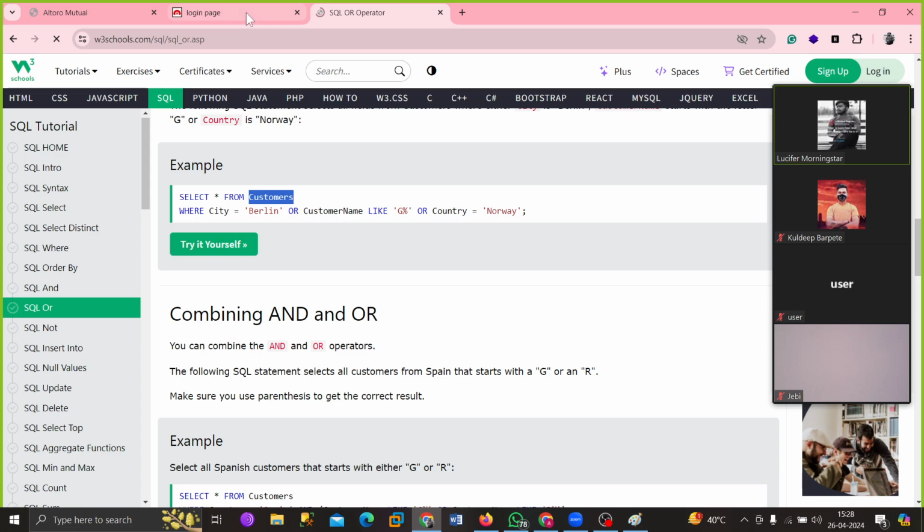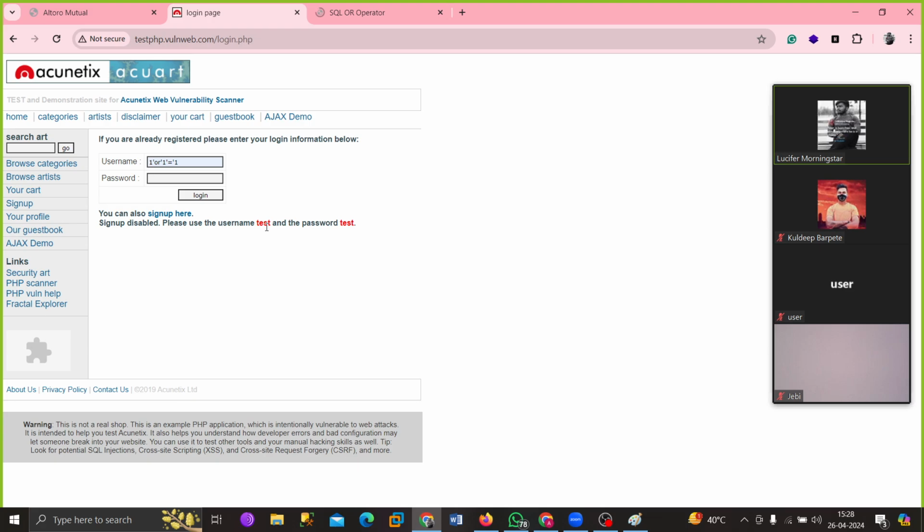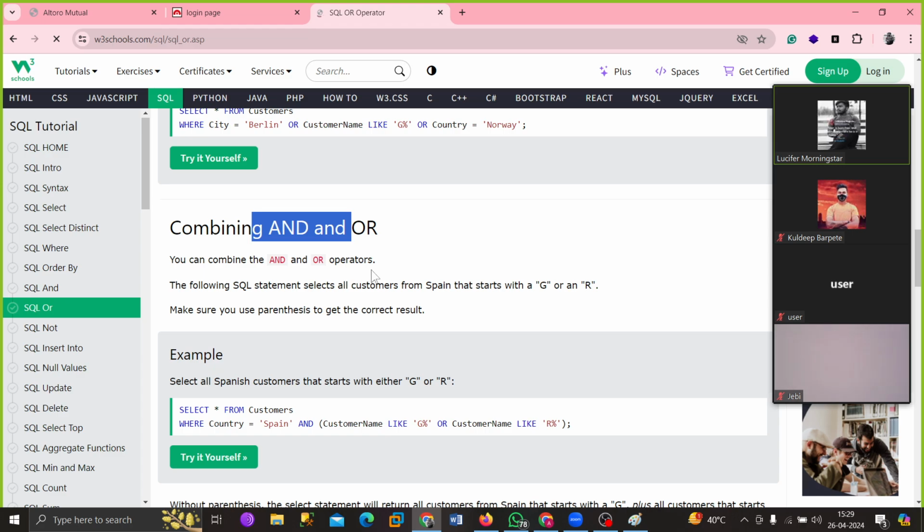I mean, over here, there is something called developer-written code, right? Why did I not put a single quote before one, and why did I not put the single quote after one? There's a reason. If a developer has written code, he must have closed it. Can you see?